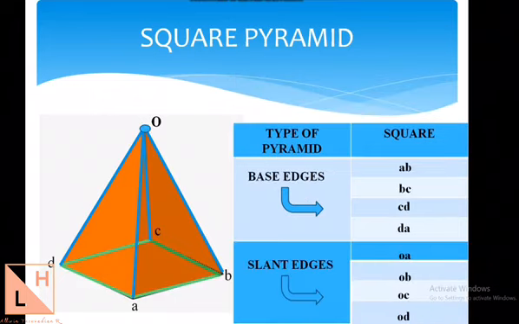So just refreshing all of them, you are going to find 4 base edges AB, BC, CD and DA, and 4 slant edges OA, OB, OC and OD. These are the types of edges you will find in a square pyramid. Do not forget the top is made up of a single point which is called the apex. So this is all about a square pyramid, and these are the things that are present in a square pyramid.